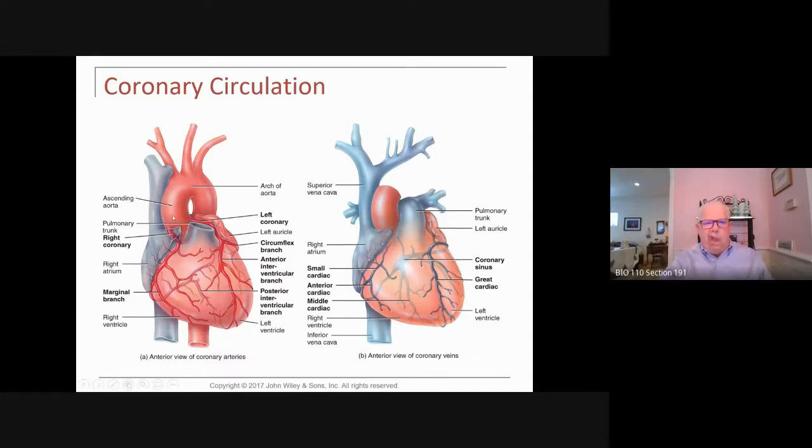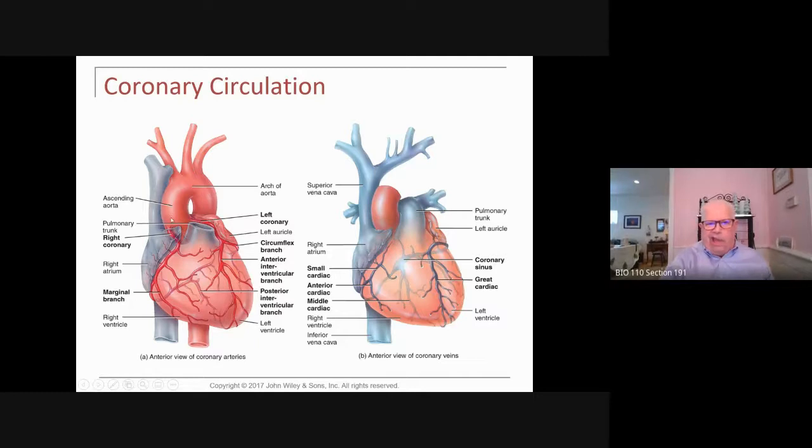Here is your aorta. Coronary arteries, the left coronary artery, the right coronary artery, the circumflex branches are all branches of the aorta. Okay? So that is extremely important. I want you to notice that there's an arch to the aorta.